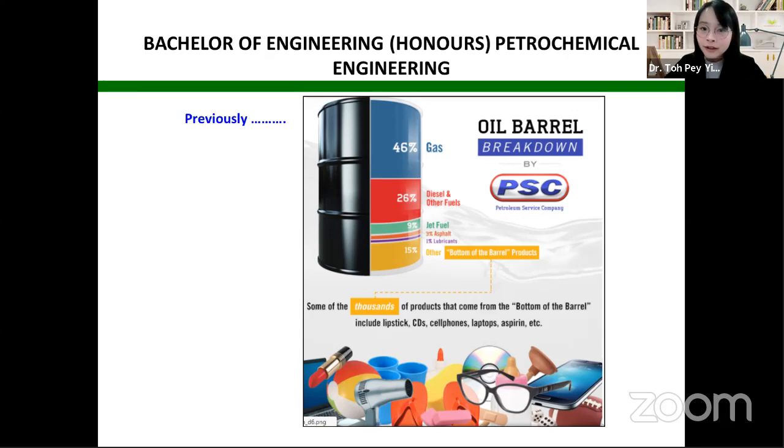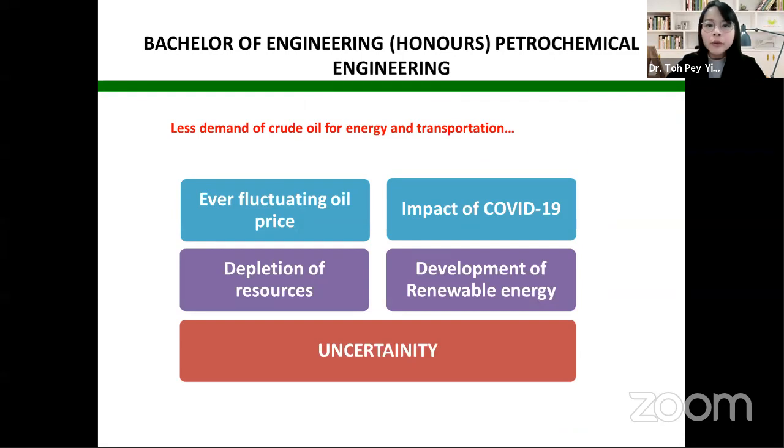Now we found that the demand for crude oil, petroleum as a fuel, is reducing. Why? The first reason is the fluctuating oil price, which is no longer stable. Another is the current issue, the COVID-19 problem. We found that the demand for transportation fuel and even industry fuel is reducing.